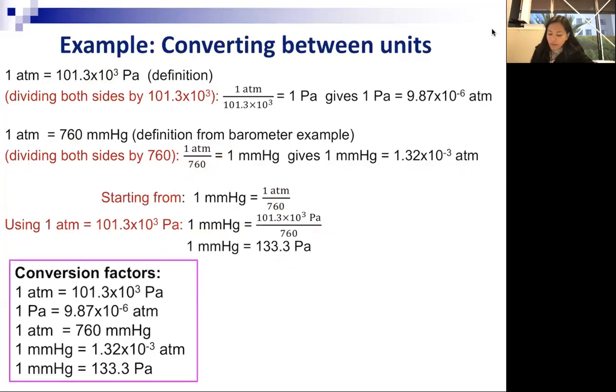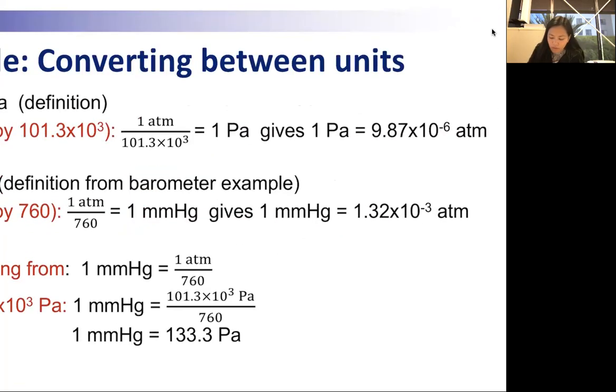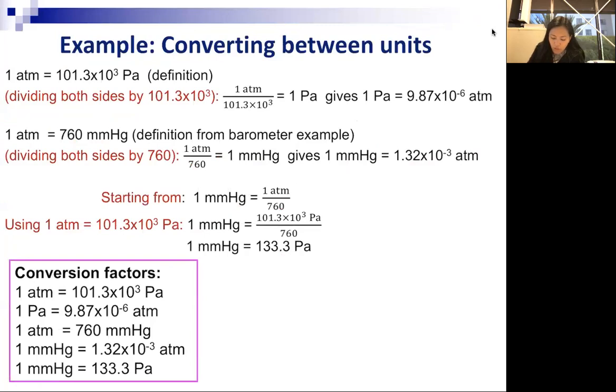Okay. And so this just summarizes all the conversion factors, which you'll probably find useful to put in your formula sheets. So given atmosphere to pascals, pascals to atmosphere, atmosphere to millimeters of mercury, millimeters of mercury to atmospheres, and millimeters of mercury to pascals.